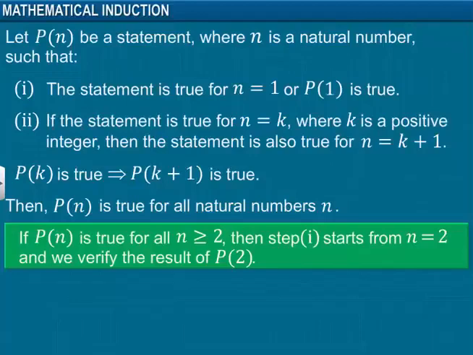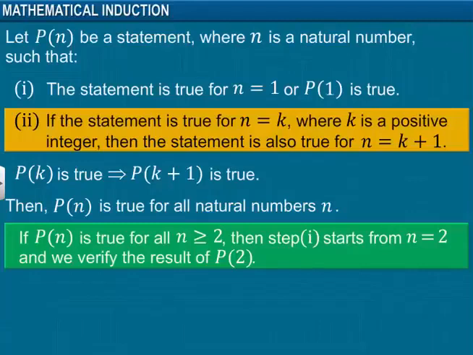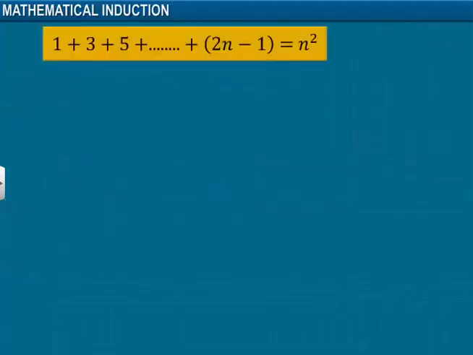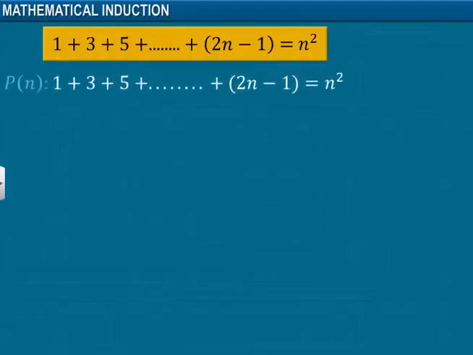Next, if the second principle is true for n equal to k, then it is also true for n equal to k plus 1. Let's look at an example. The formula for the sum of the first n odd positive integers is n squared. Let this statement be P of n.